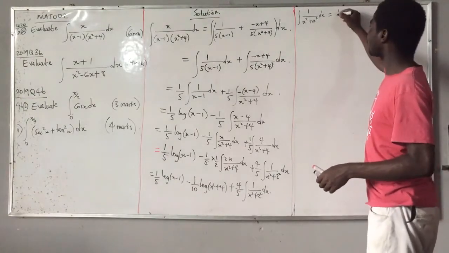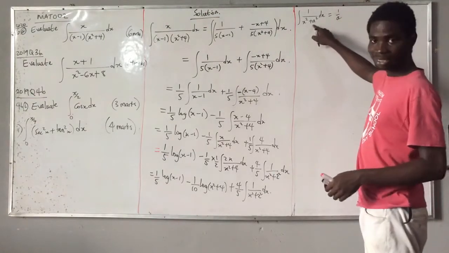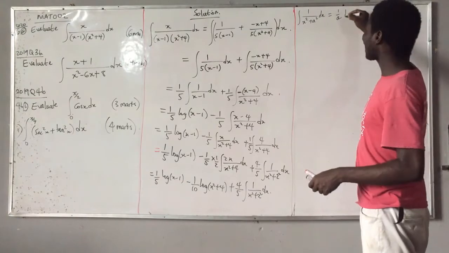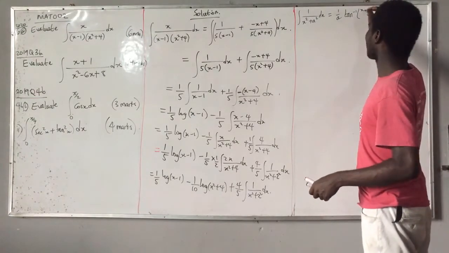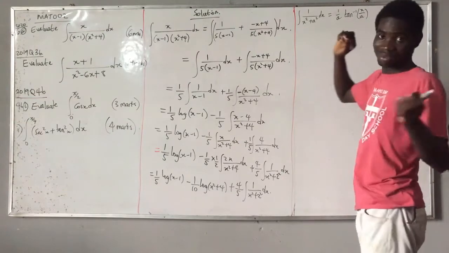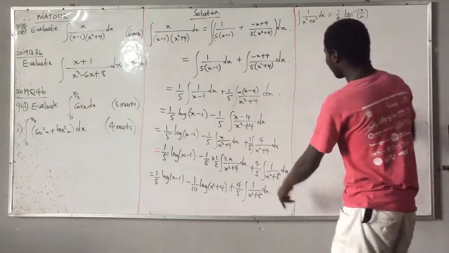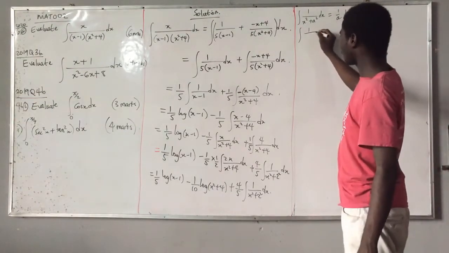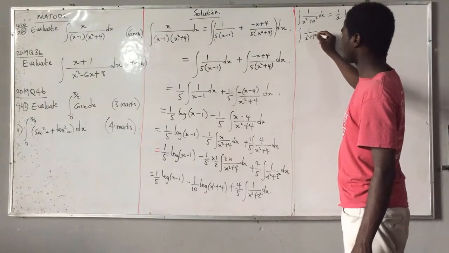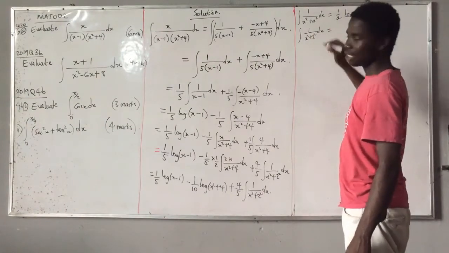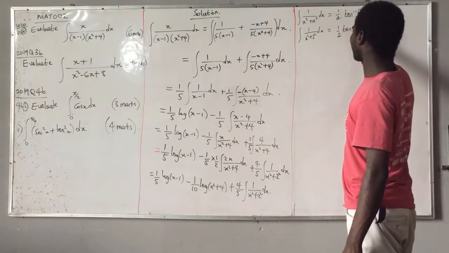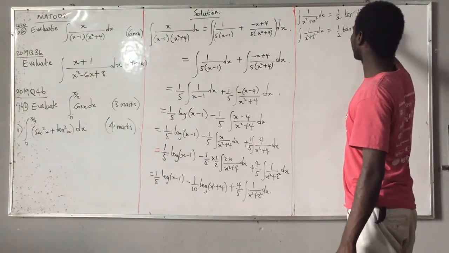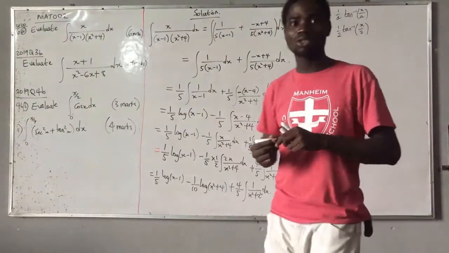The answer will be 1 over a, arctan of x over a. Do you understand? So that means this one, integral of 1 over x squared plus 2 squared ds, will be equal to 1 over 2 arctan of x over 2.